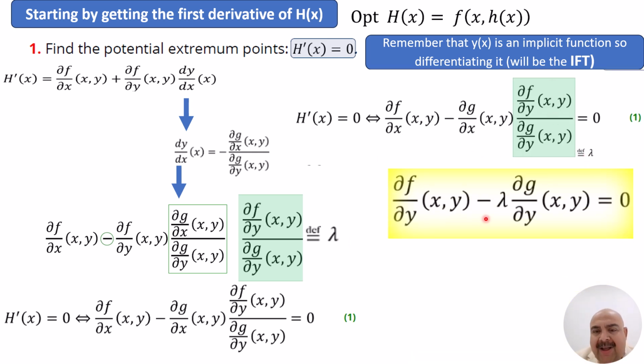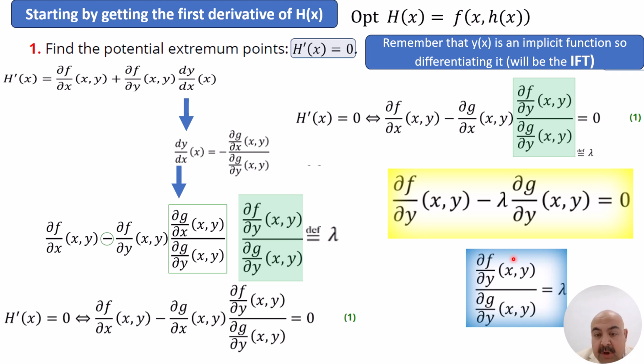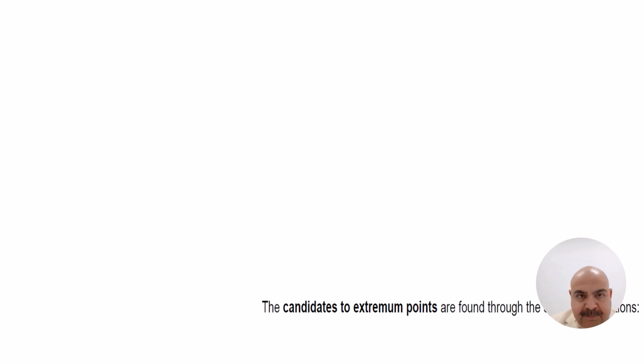That's what we call a Lagrangian. So the equation will be partial f partial y of f of x minus lambda partial g partial y equal to 0, where lambda is defined by the partial derivatives of f with respect to y and of g with respect to y. So lambda stands for the Lagrangian multiplier, as we will see.